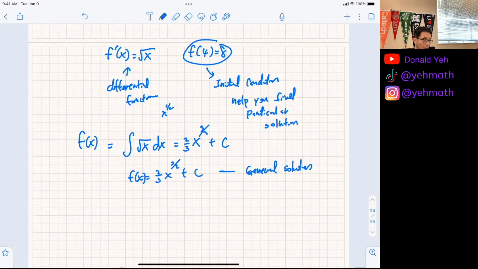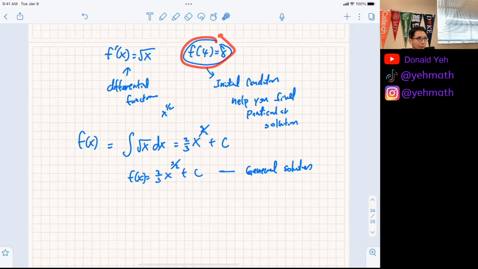And can we find the original solution, a particular solution? Well, what does 8 and 4 mean in terms of graphing? What does f of 4 equal to 8 mean? x is 4, y is 8.